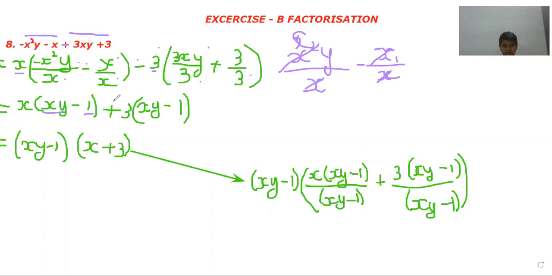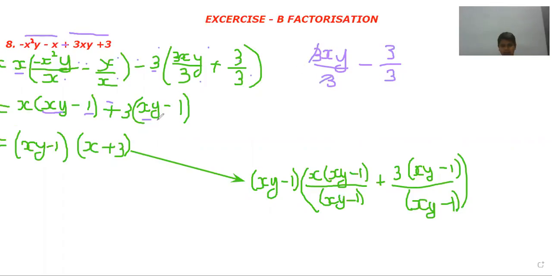So then plus here 3xy divided by 3 minus 3 by 3. 3 and 3 cancel.